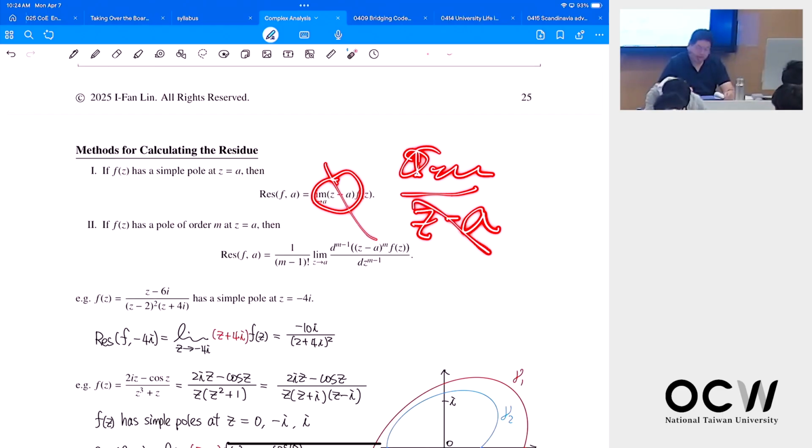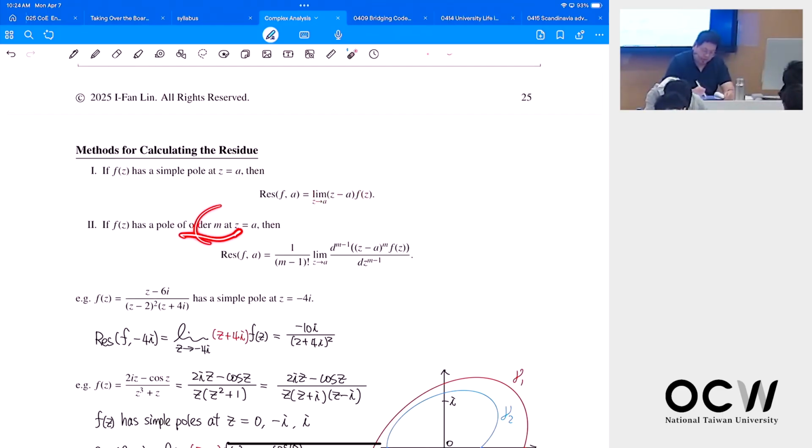But how about a pole of order m? It's not 1, it's 2 or 3 or 4 or even more. I still want to cancel out your denominator. So you multiply by z minus a to the m, and then take the derivative m minus 1 times, and you have 1 over m minus 1 factorial.